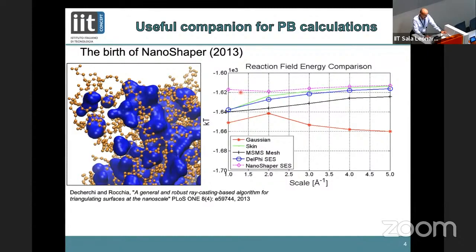So this proves that a more accurate surface estimate, together with the tricks that Delphi uses to get the energy from the surface, is a really good combination to improve the quality of the results.